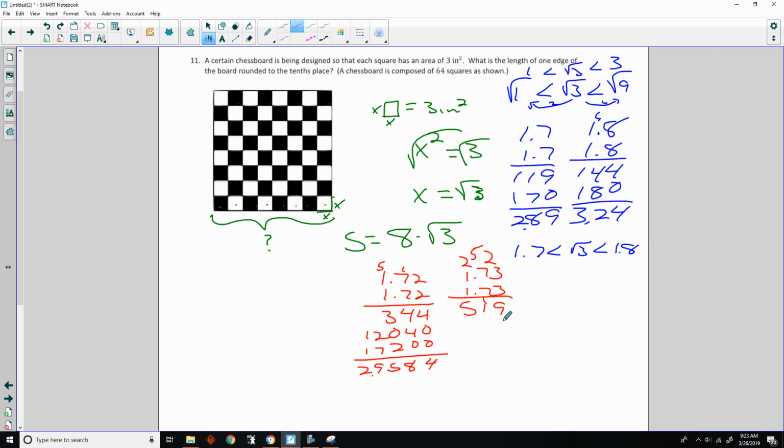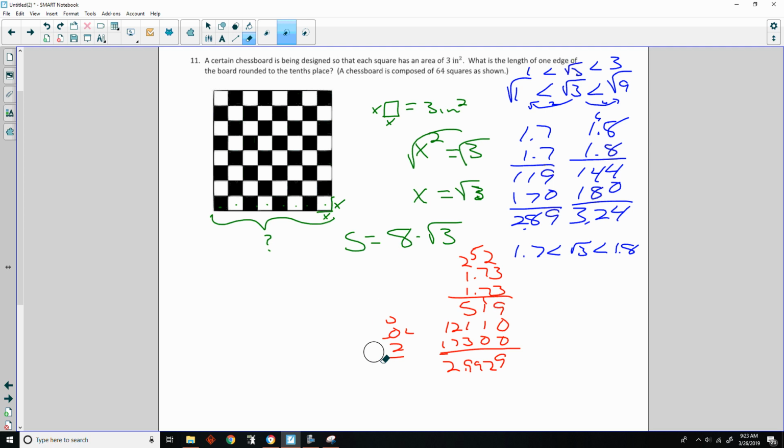Forgot my 0. 7 times 3 is 21. 49 and 2 is 51. And 12. That gives 2.9929, so it's 2.99, so it's not the 1.72. We now know it's greater than 1.73. So let me move this over here.